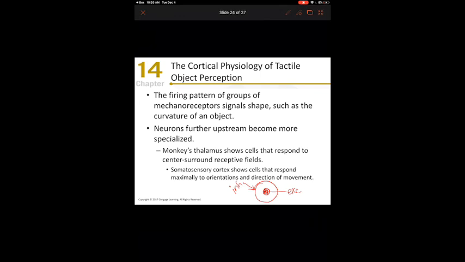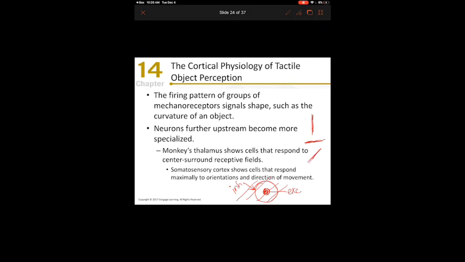So orientations, particular direction, if something is sweeping across this field versus a particular orientation, a vertical orientation or a horizontal orientation or an oblique orientation.